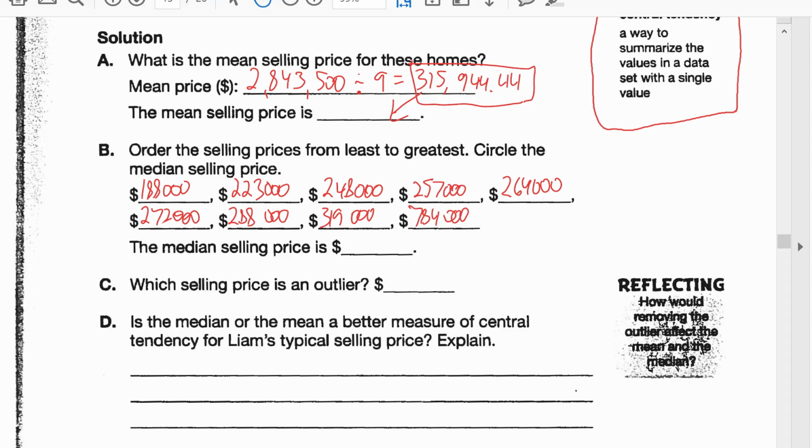Okay, so the median price is the middle one. The middle one is this one. So 264.